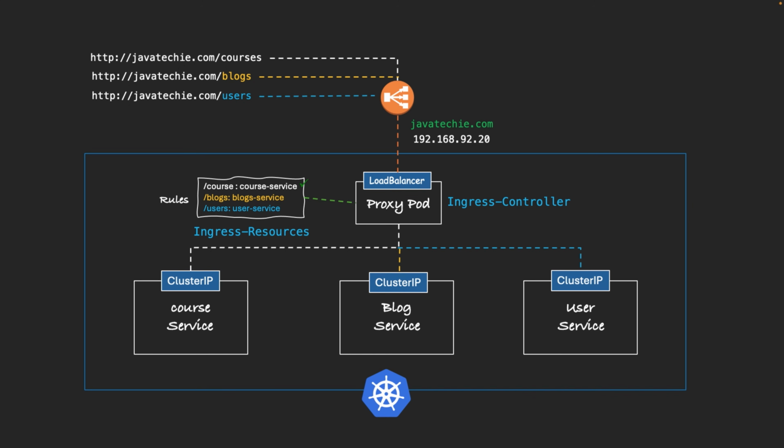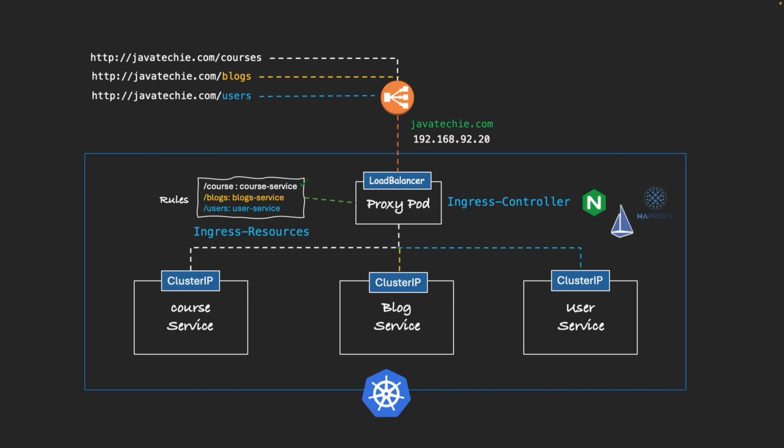Now the key point to remember, Kubernetes doesn't have any inbuilt support for an Ingress controller, so you can use a third-party controller like NGINX, Istio or HAProxy. These are some of the most popular options to use as an Ingress controller.